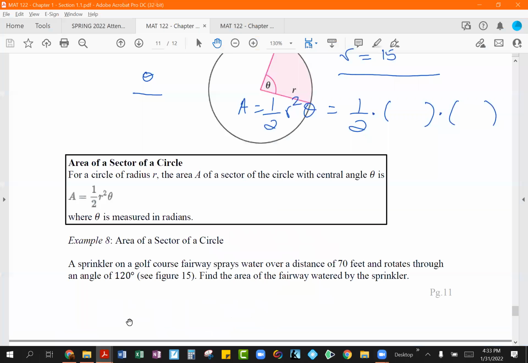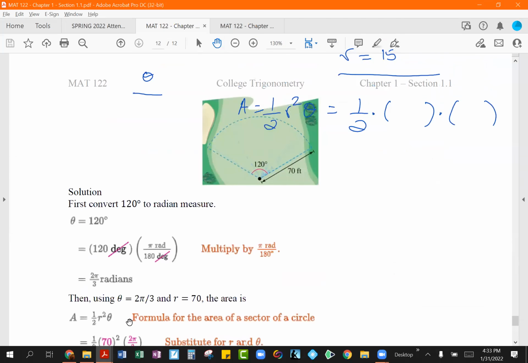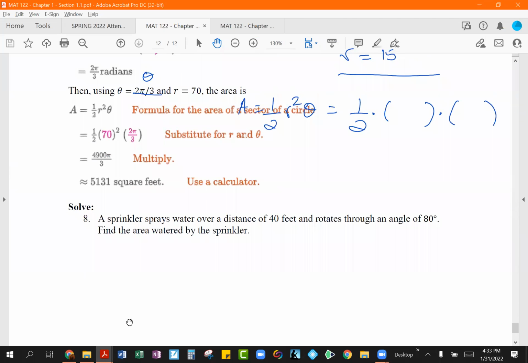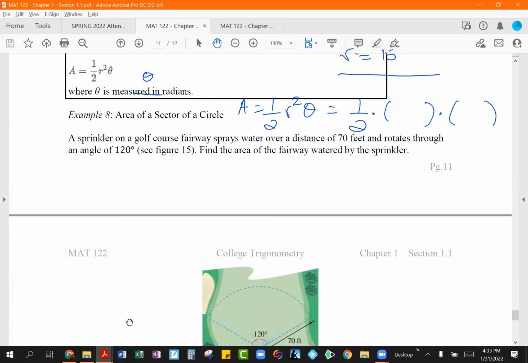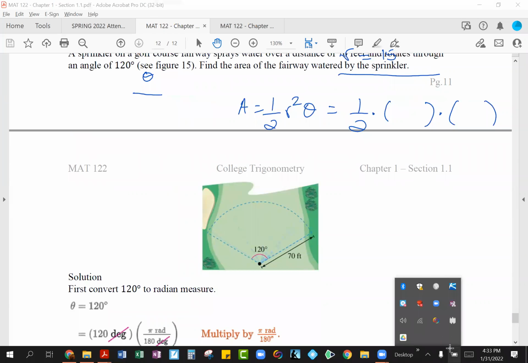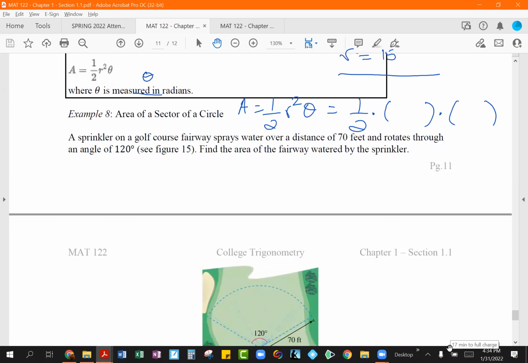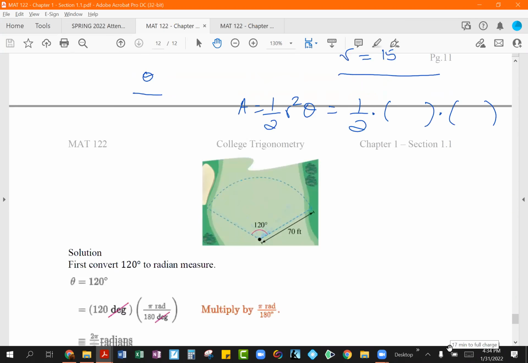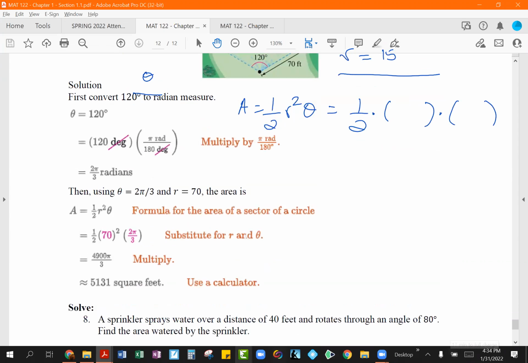If you just need some extra guidance, you can look through the example in your handout to see how they did the example that you have there, and then try to use that in your own problem. You can see here, it's the same type of example: a sprinkler on a golf course, sprays over a distance of 70 feet, rotates to an angle of 120. Then you can see how they perform that calculation over here.